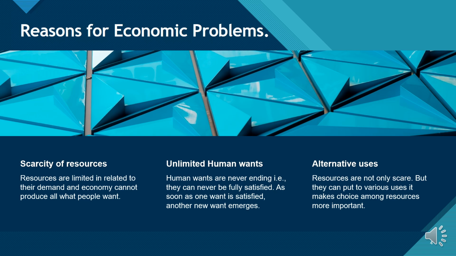The third reason for economic problem is alternative uses. Here you can see the meaning: the resources are not only scarce, which means limited, but they can be put to various uses. It makes choice among resources more important.